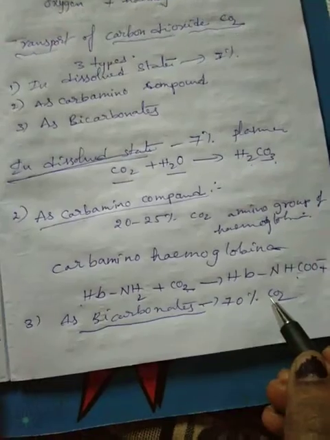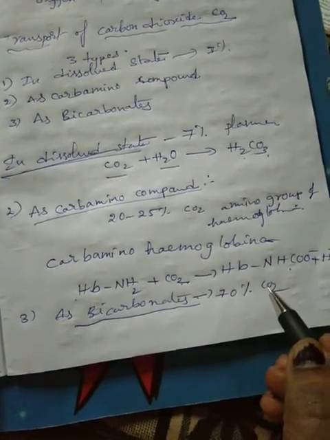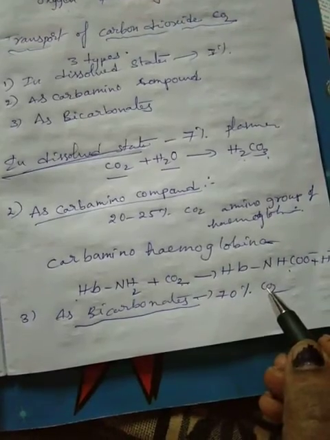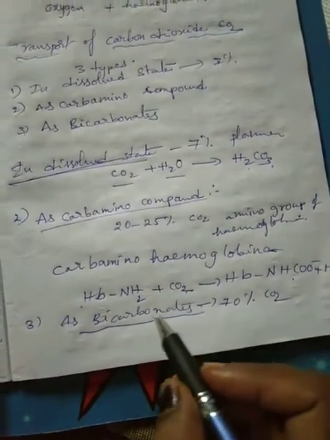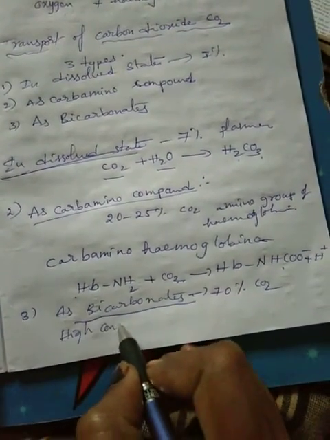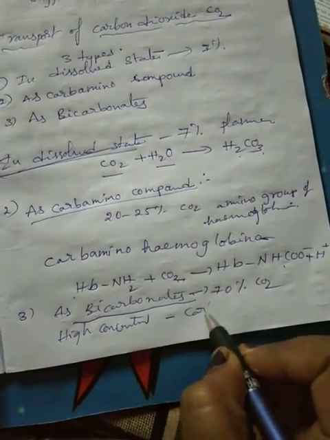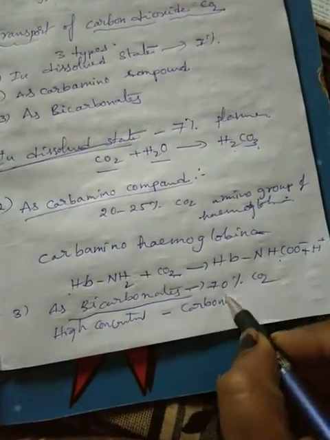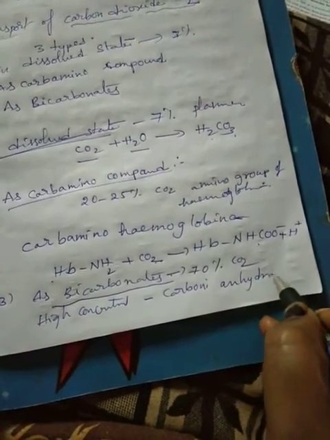RBC contains a very high concentration of the enzyme carbonic anhydrase.